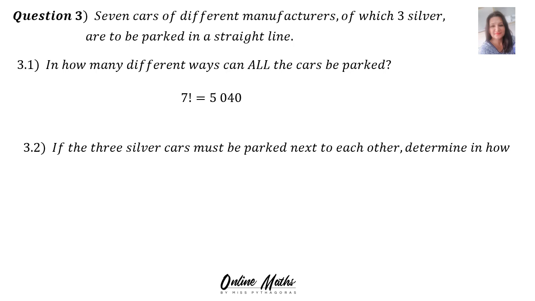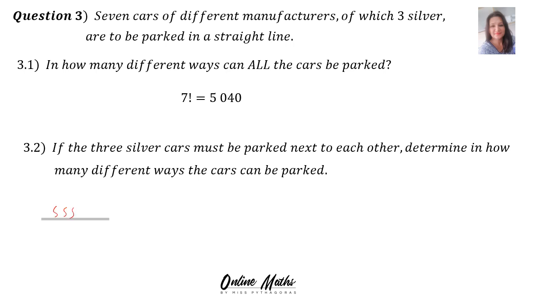3.2. If the 3 silver cars must be parked next to each other, determine in how many different ways the cars can be parked. Now, it looks like this. There's one big group for your 3 silver cars, and then there's 1, 2, 3, 4 cars left.